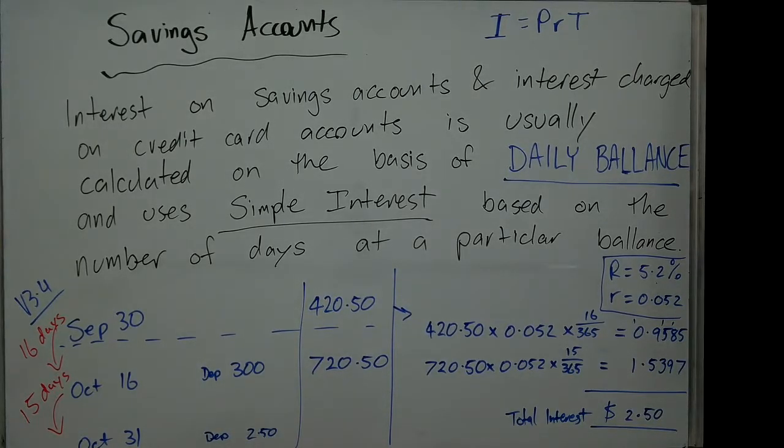So the final balance on the 31st of October is $723.02, which would then carry over into the next month.